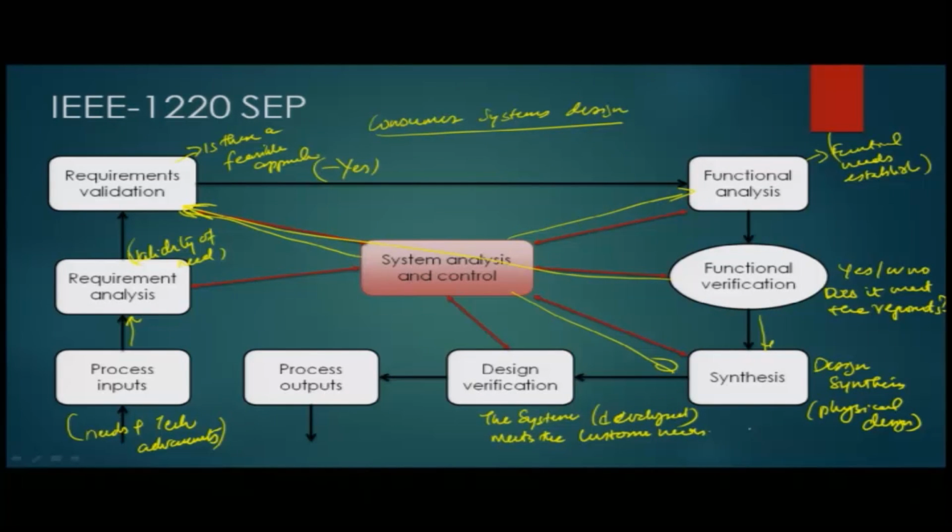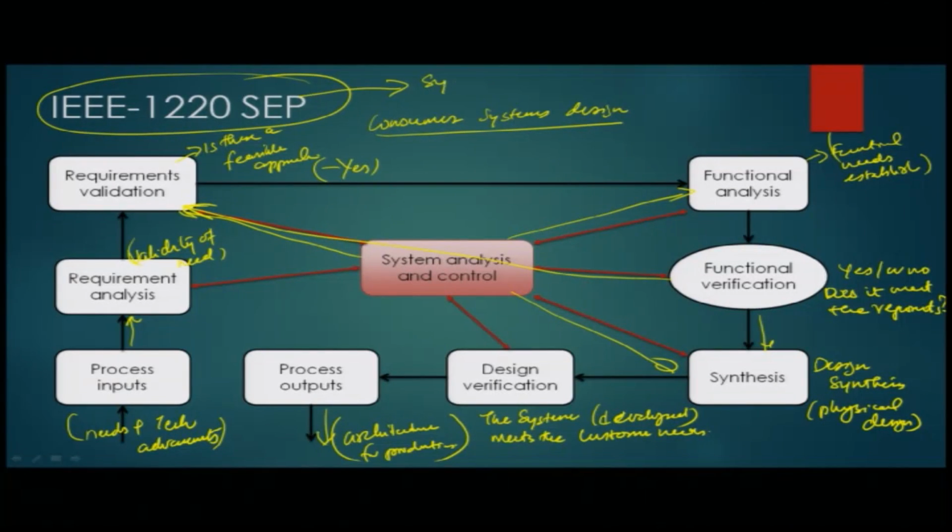So, the design meeting the customer needs is being tested here, and the output of this, as we said earlier, is the architecture of the system, the architecture for production, which comes out as part of the system. You are again encouraged to study this standard and see what the systems engineering process involved in it is. The SEP, as we said earlier, stands for Systems Engineering Process.